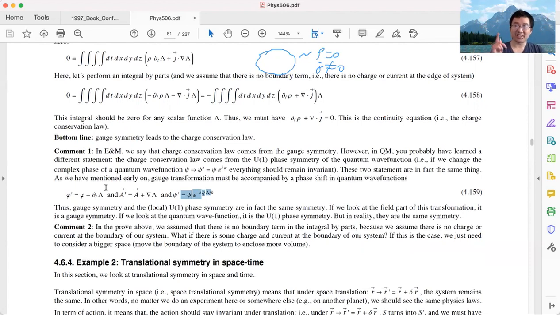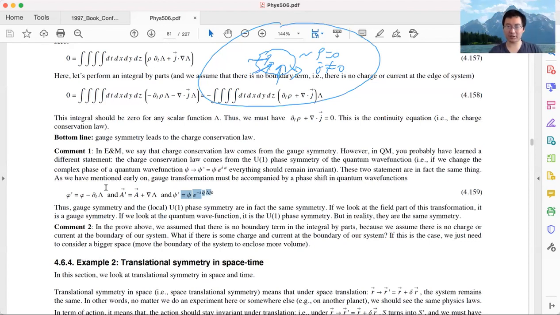What if there is charge or current on the boundary of our system? Then what we can do is choose a larger area. We enlarge our system, and this larger area would enclose this current.